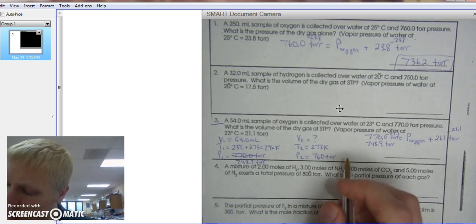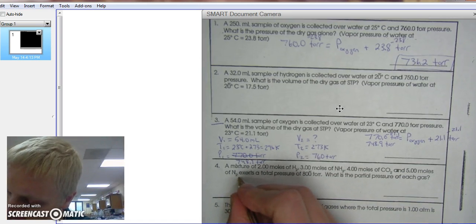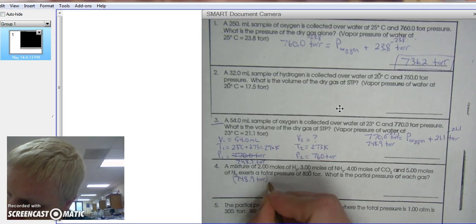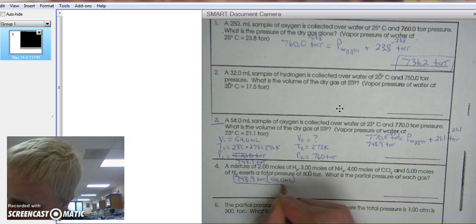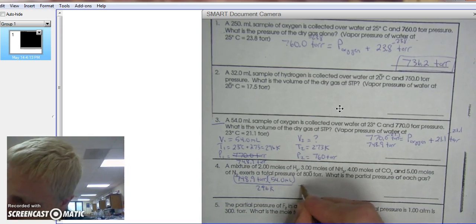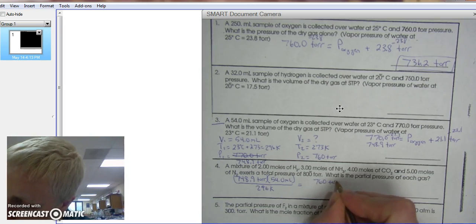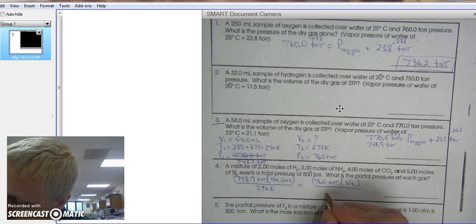Alright, now what I can do is start solving, so P1V1: 748.9 torr, times my V1, 54.0 mL, divided by 296 Kelvin, equals my pressure 2, which is 760 torr, times my V2, which is what I'm looking for, divided by my temperature 2, which is 273 Kelvin.